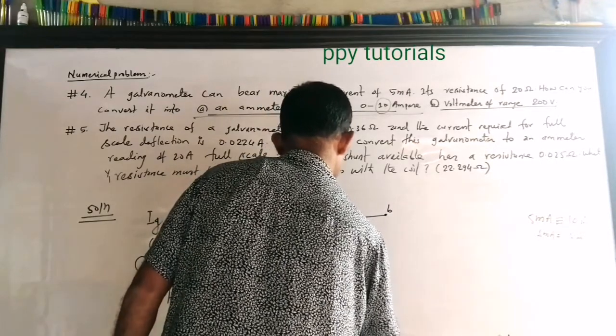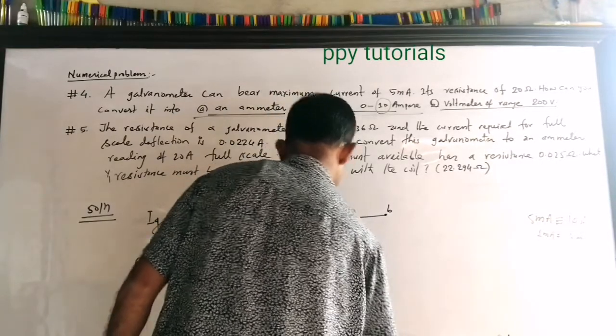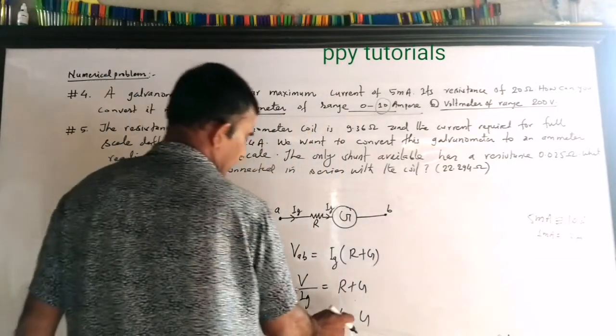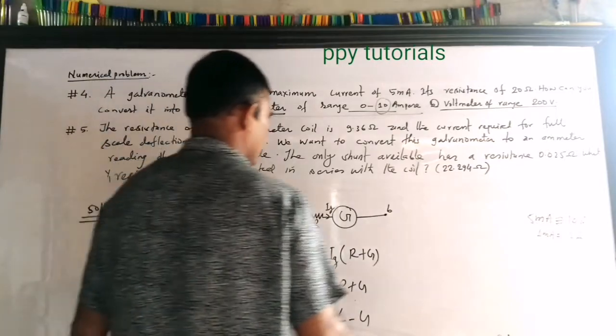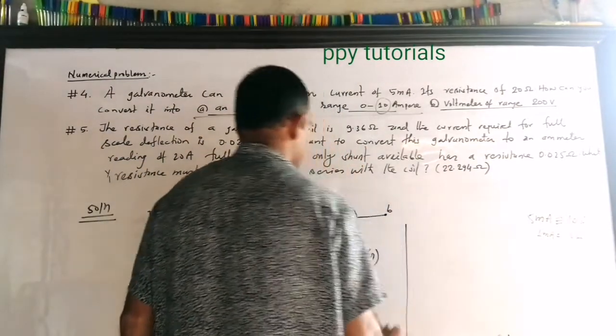Okay, minus G. Is it? Now everything is known. V is given, Ig is given, and G is given. So what is left now? We have to just put in the values.